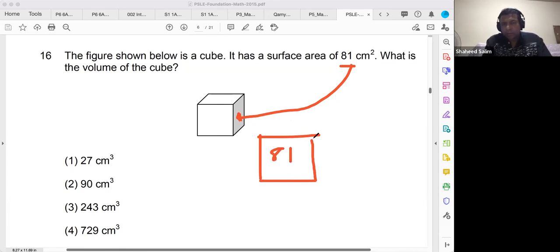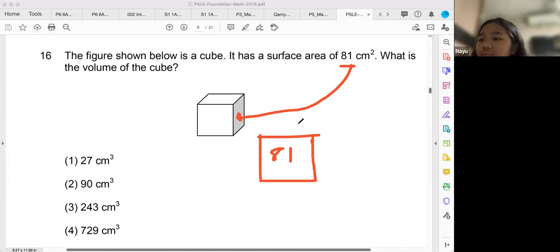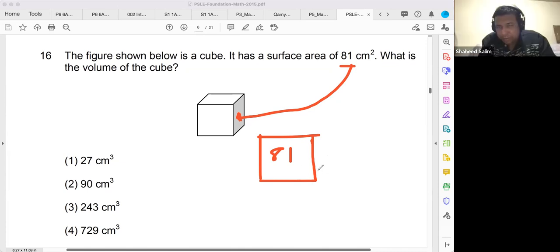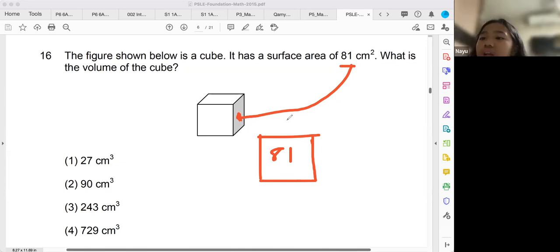What times the same number, because it's a square, equals 81? 9 times 9. Good.